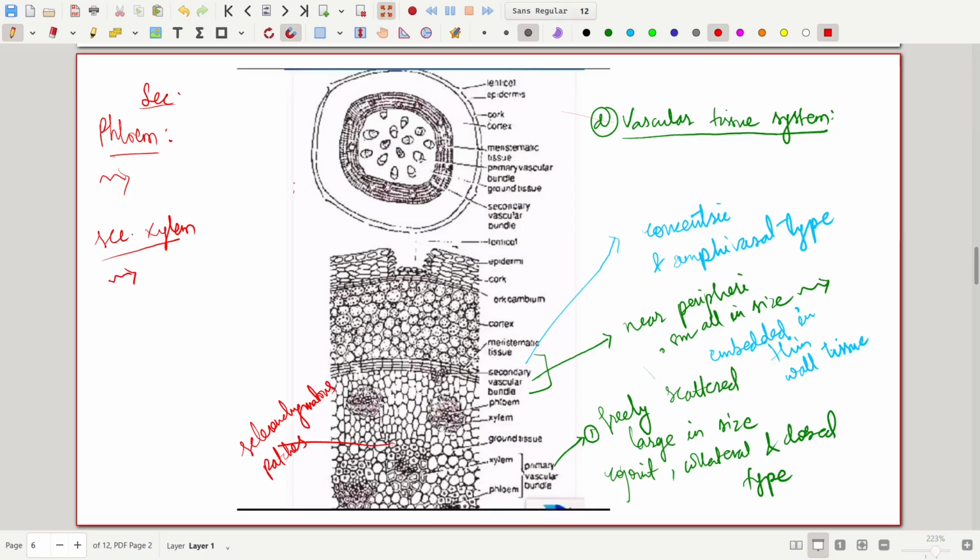They are large in size, and typically the same, that is conjoint, collateral and closed type.